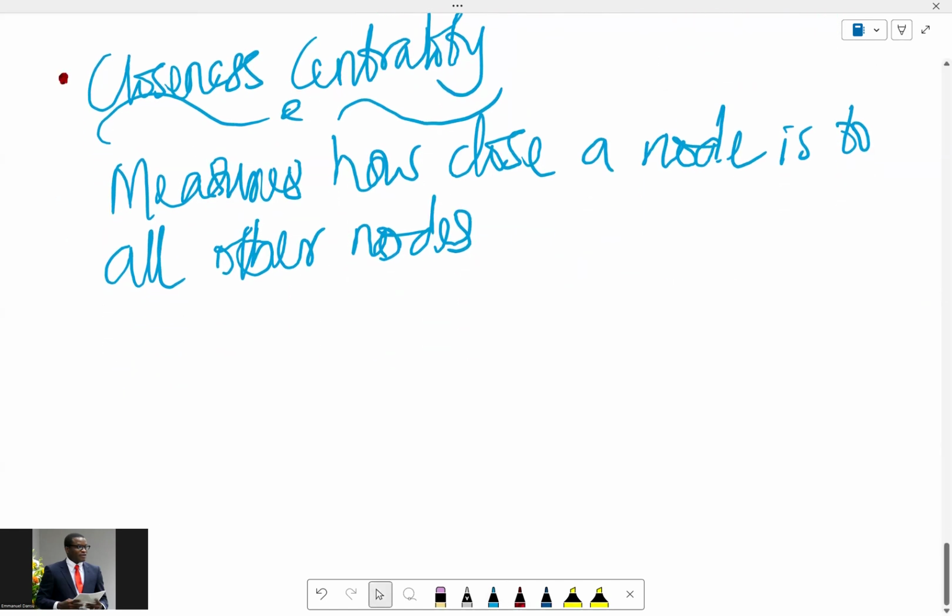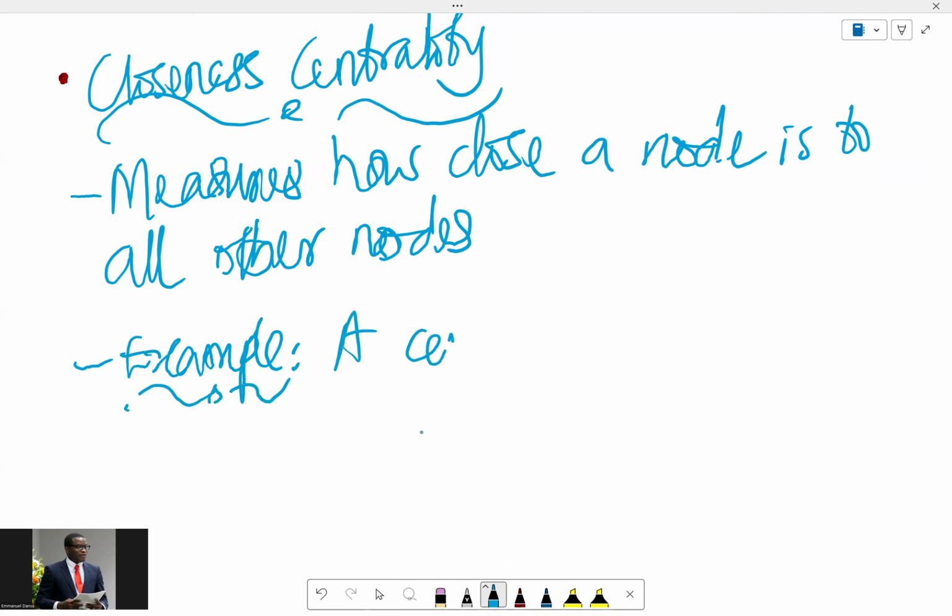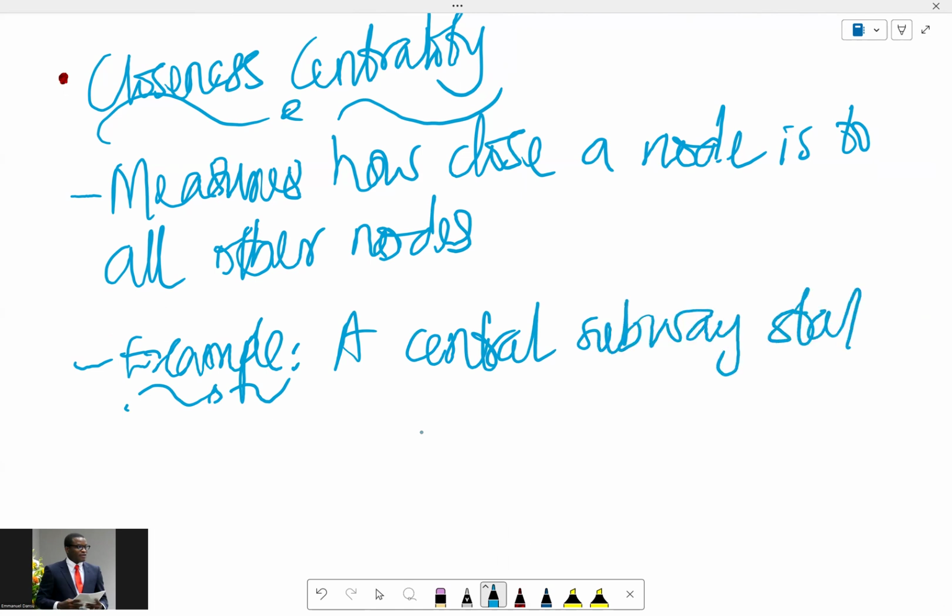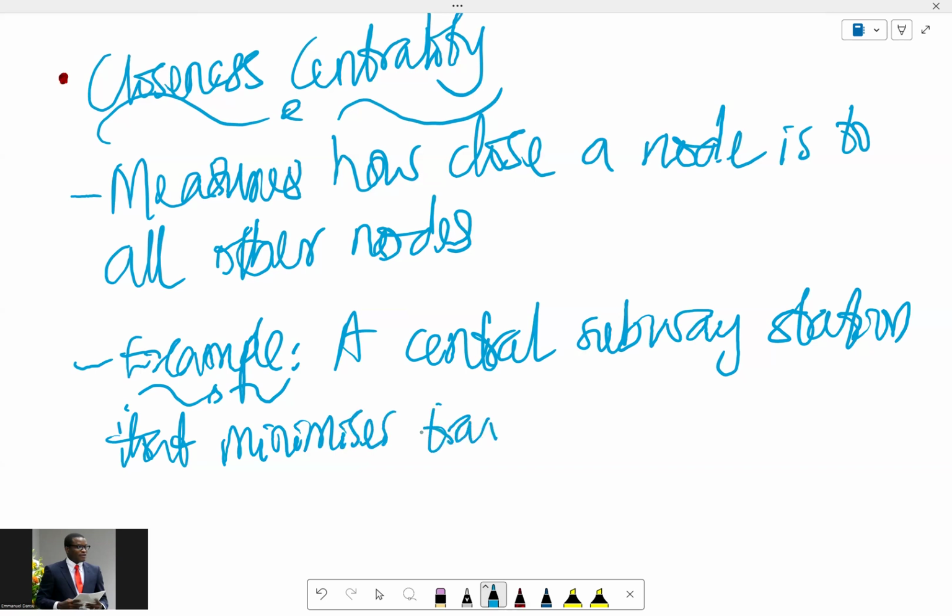Then an example of that would be a central subway station that minimizes travel time to all other stations.